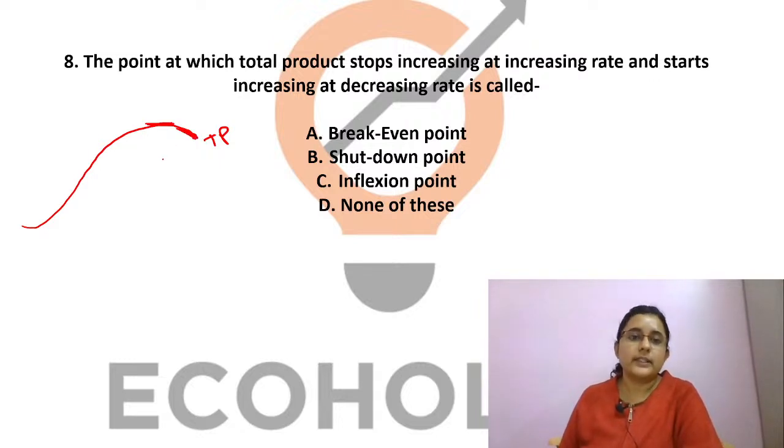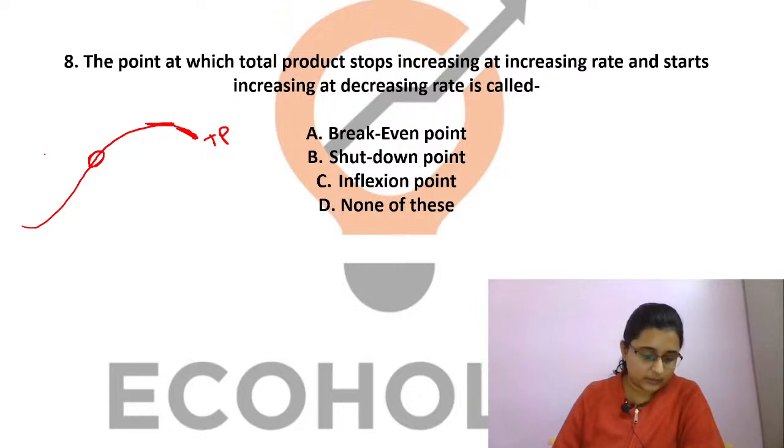So roughly here, we have a point after which the curve changes its slope. What is this particular point called? The point after which the TP curve changes its slope. Tell me, what will be the answer? Question number 8.